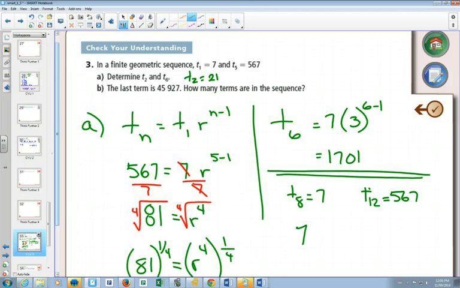So 7 multiplied by r 4 times would equal 567. Can you see that that's exactly the same as what appeared in our formula when we could use it as term 1? Because going from term 1 to term 5, you multiply 4 times. So this would also give you r is 3. Okay, we'll start with part B next class.